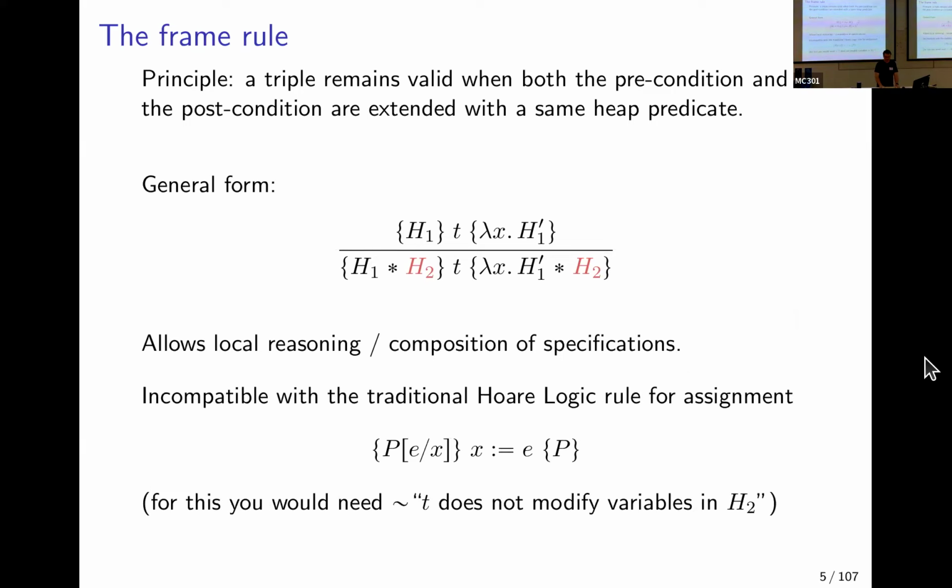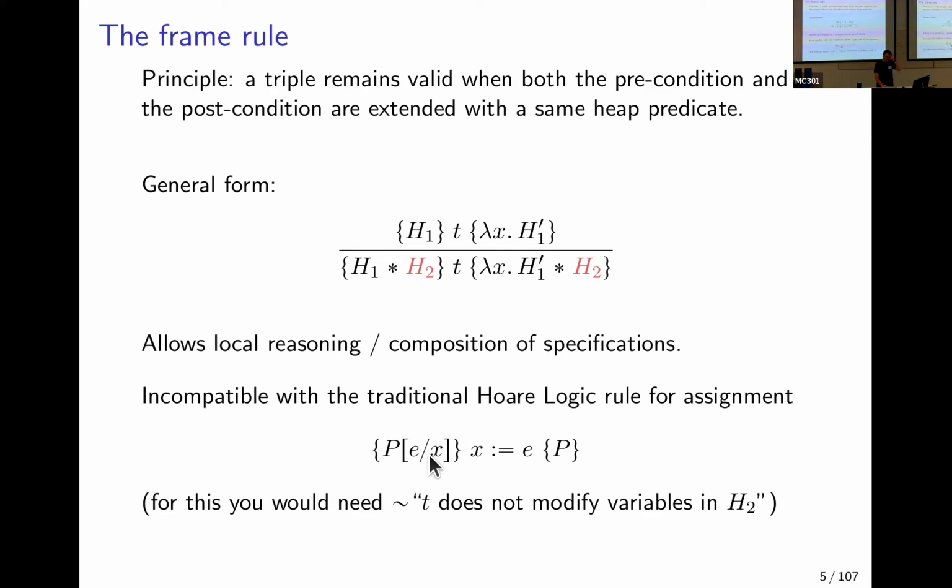One good thing to say is that this is incompatible with the traditional Hoare logic way of writing rules. For example, mostly for assignments, the rule in Hoare logic is this: P holds after an assignment if P with the assignment substituted in is true before, in the precondition.